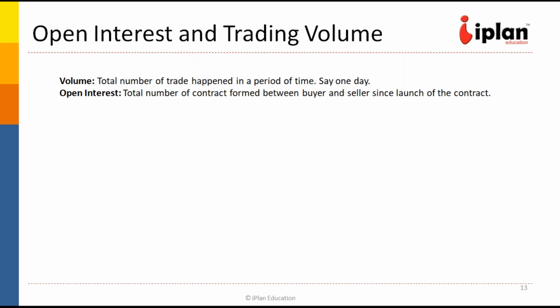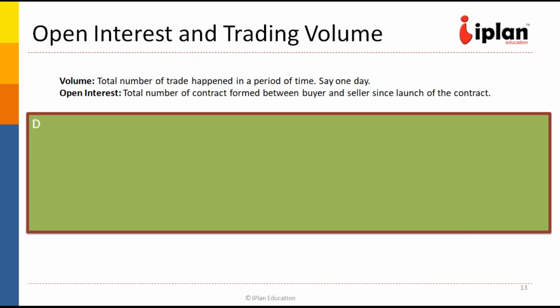And open interest is basically the total number of contracts formed between buyers and sellers since the launch of the contract. So let's understand what's the difference here. Volume is basically the number of trades. So you buy, I sell, that is a trade, but that also creates open interest. That's how it is different. So let's understand this by taking an example.